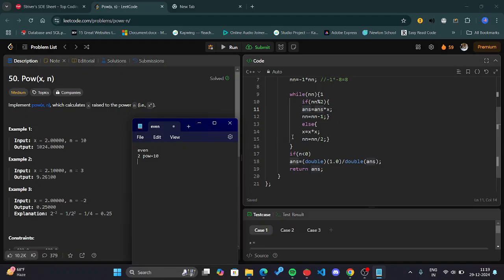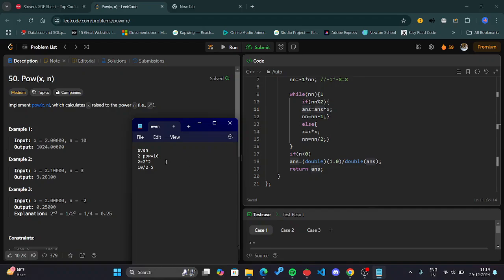If it is even, then x is equal to x into x. These are mathematical derivations, okay? And the power we divide by 2. So 10 divided by 2 becomes 5.